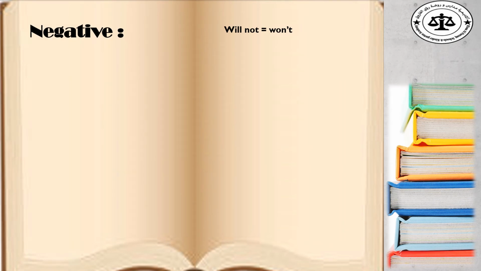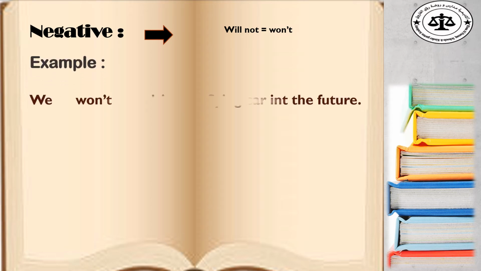Now, how can we negate sentences by using will? We say will not or won't. Look at this sentence. We will drive flying cars in the future. We will not drive flying cars in the future. So we negate this sentence by using will not.